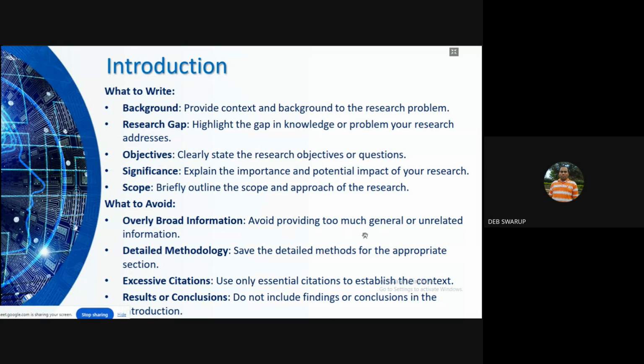This background needs to be very short, probably 3-4 lines, starting with the broader area and then coming down to our particular research problem. Why? Because most journals have word limits, and in limited words I want to use more words for my research rather than concentrating on the research problem. I'll write the problem and then I'll move on.